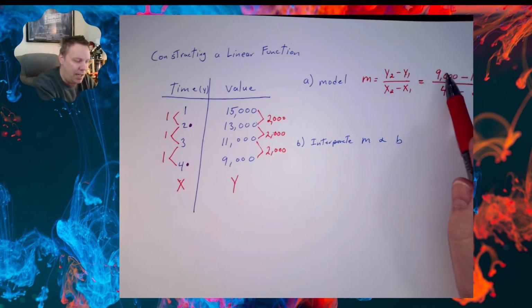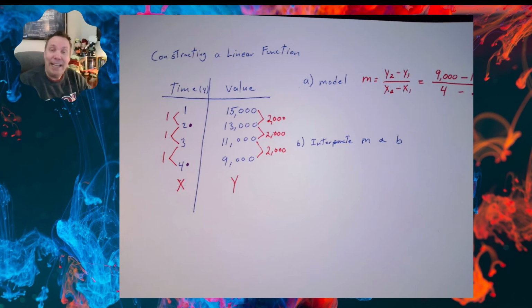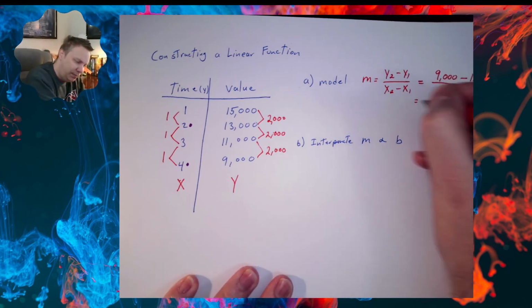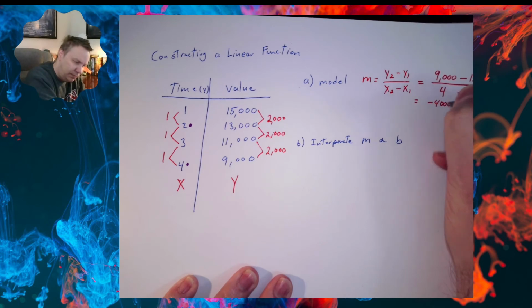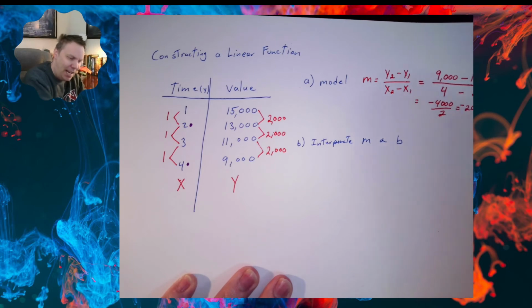So looking at this, 9,000 minus 13,000 is negative 4,000, divided by 2. Or simplifying, I get negative 2,000.